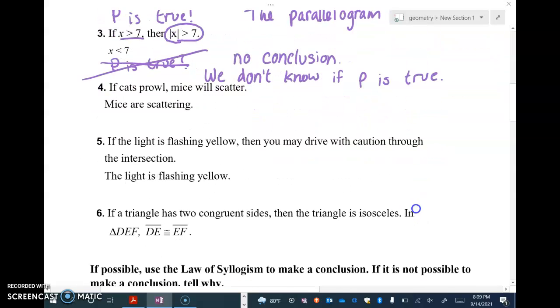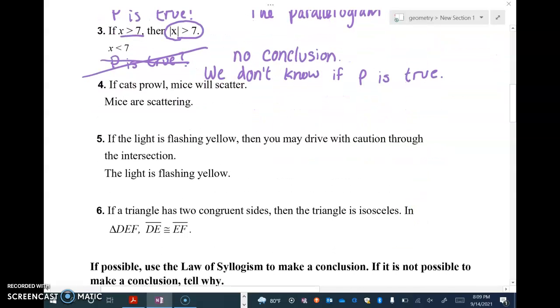Now let's look at number 4. If cats prowl, mice will scatter. If P, so cats prowl will be P, then mice will scatter, right? We know then is really in here. I know sometimes we get nervous when we don't see that then, so you can go ahead and write it in if that makes you feel better. So this will be our Q. Mice will scatter. Now it's telling us mice are scattering. Isn't that our Q?